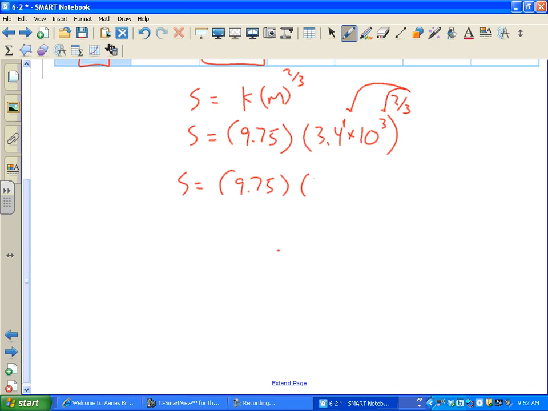So that's going to be 3.4 to the 2/3. That's 1 times 2/3 times 10. That is 3/1 times 2/3, which is 2. So your 3's will cancel, giving you 2/1, or 10 squared.